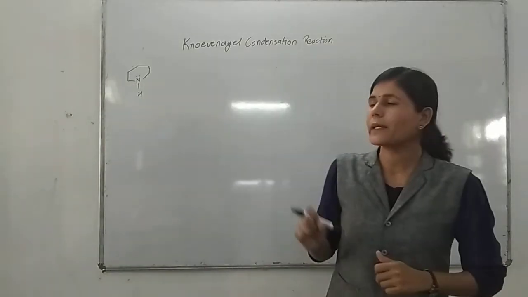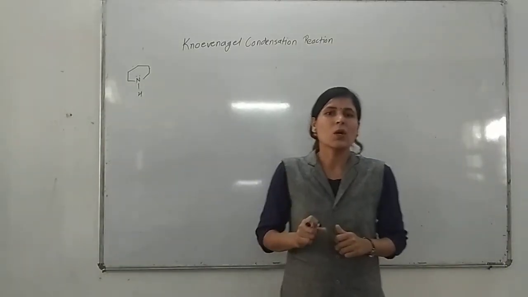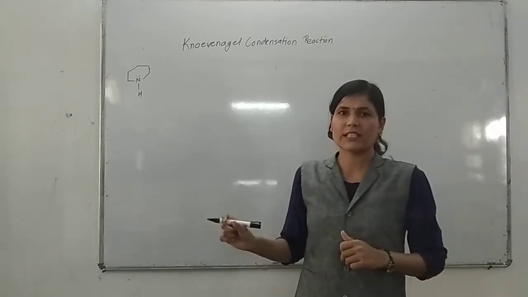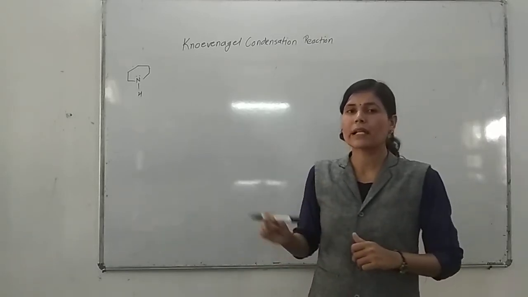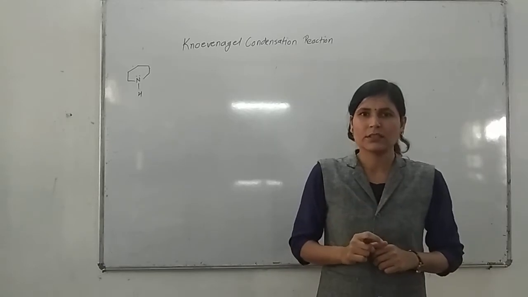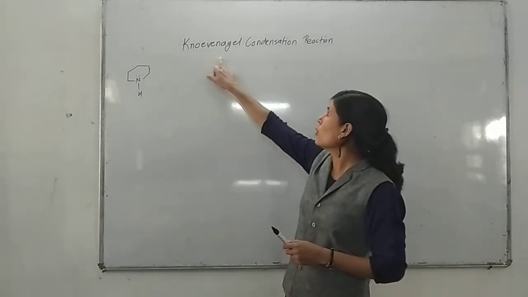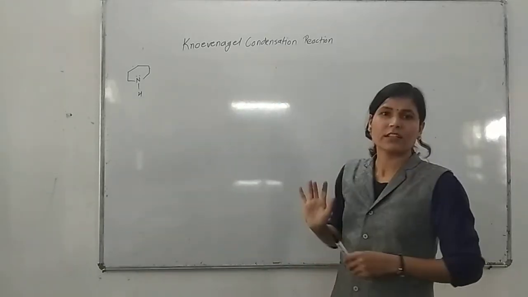These alpha beta unsaturated compounds on acid hydrolysis give an alpha beta unsaturated acid, and this reaction is known as the Knoevenagel condensation reaction.